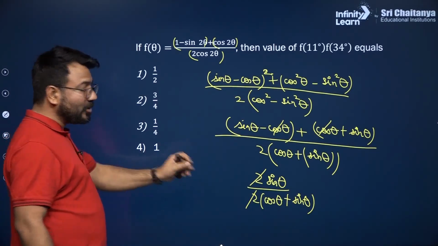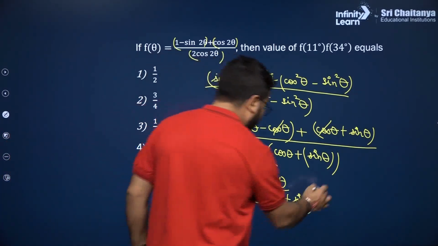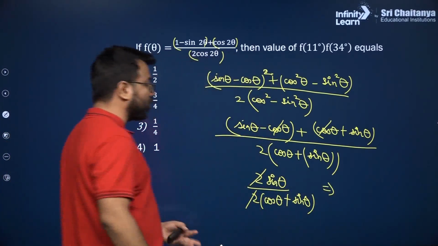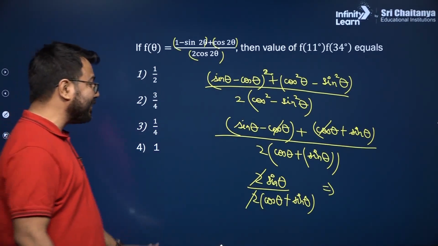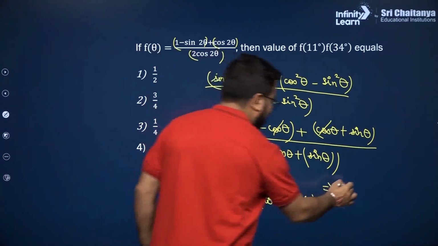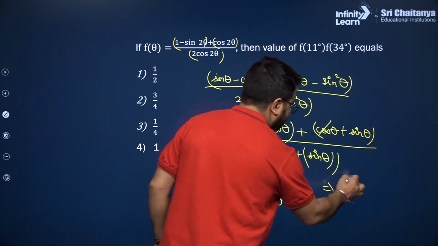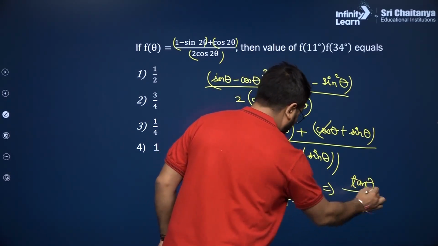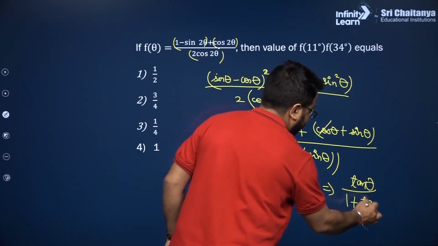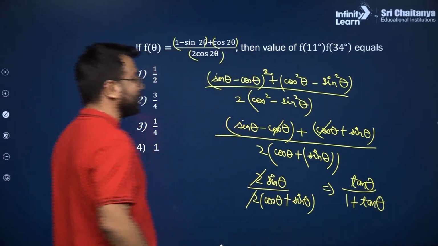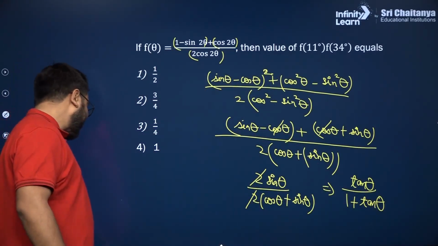So basically, if I want to convert it into the form of tan theta, this can be written, after dividing it by cos, as tan theta divided by 1 plus tan theta. So this expression we are obtaining, tan theta divided by 1 plus tan theta.